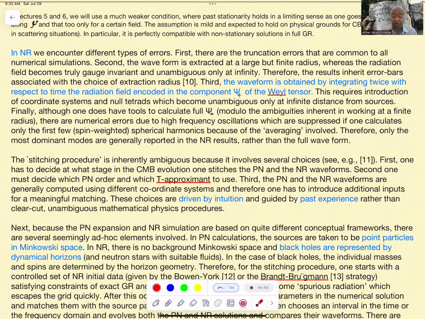So people don't report the full waveform. They only report the spin-weighted spherical harmonics Y minus 2 lm. So l equal to 2, l equal to 4, but one doesn't typically go to l equal to 10, for example. It's really l equal to 2, l equal to 4, and various values of m in the Y_lm decomposition, in the angular smoothness that we're talking about.